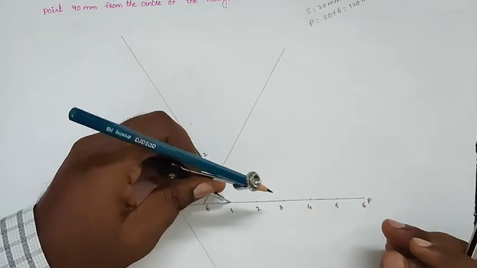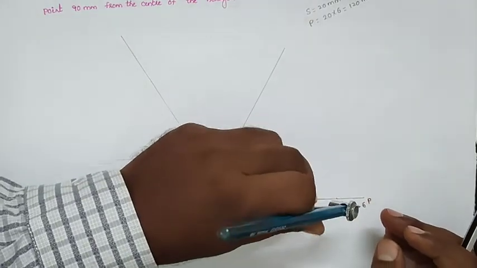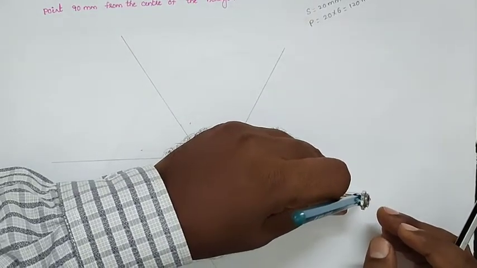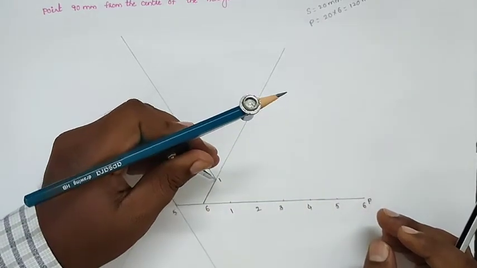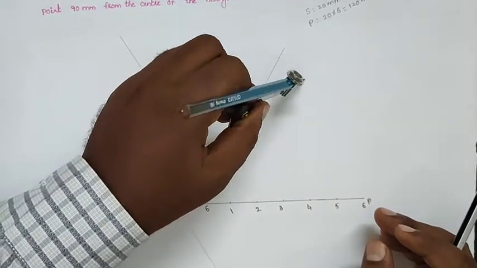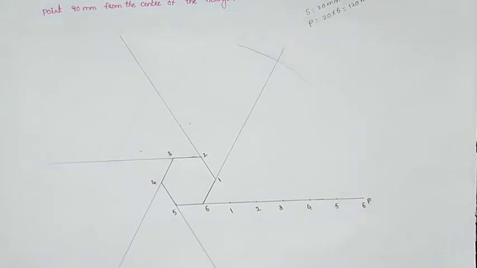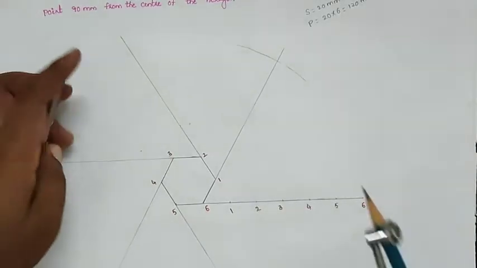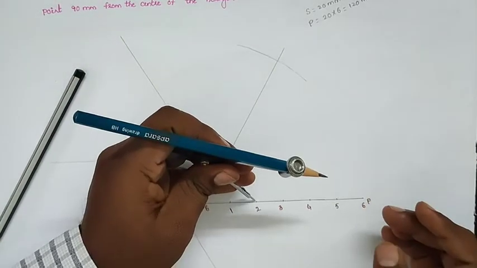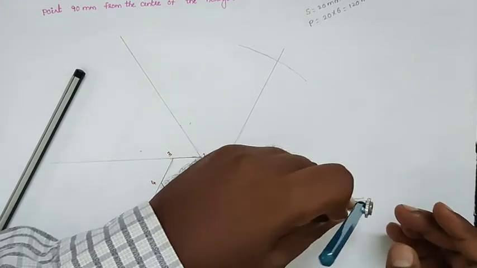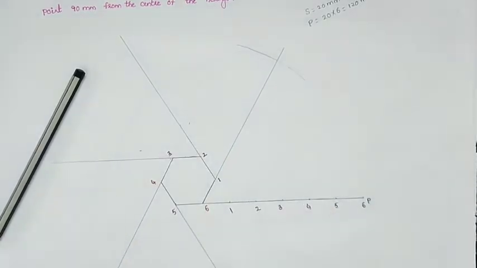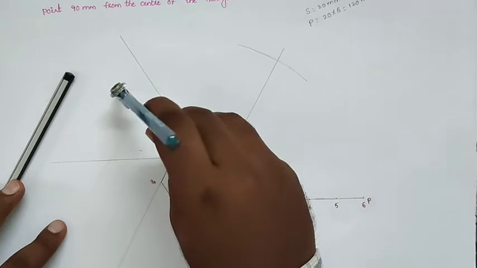Measure the length of 1 to P. Take the length of 1 to P, with 1 as the center, and draw the arc. Similarly, measure the length of 2 to P, with 2 to P as the radius and 2 as the center. Draw the arc.